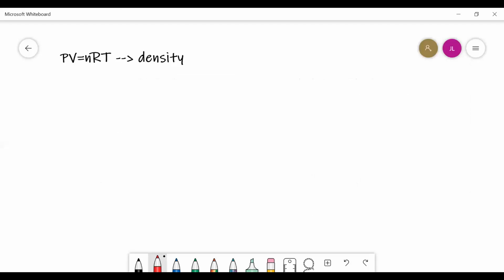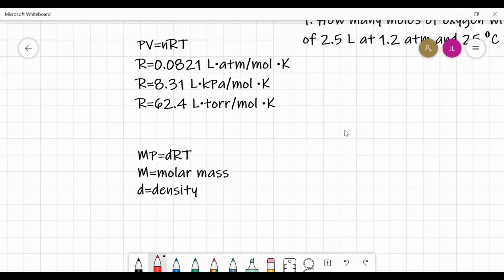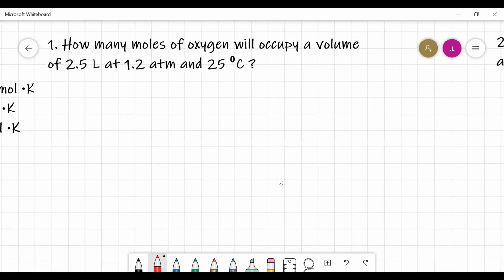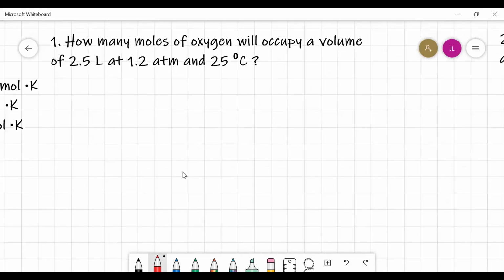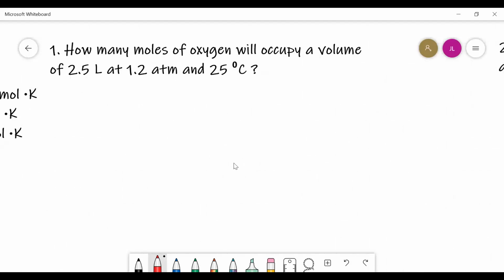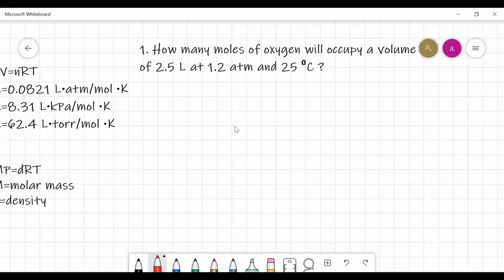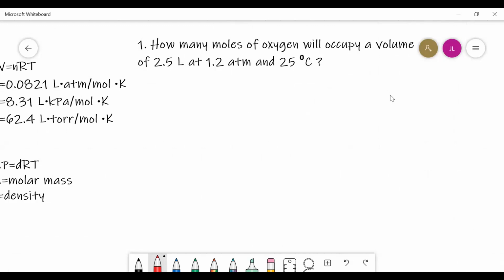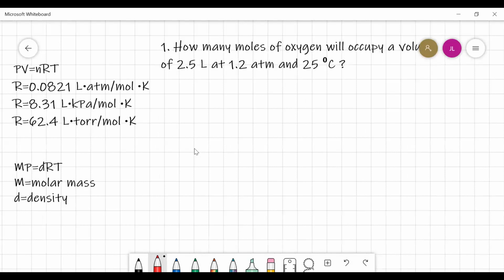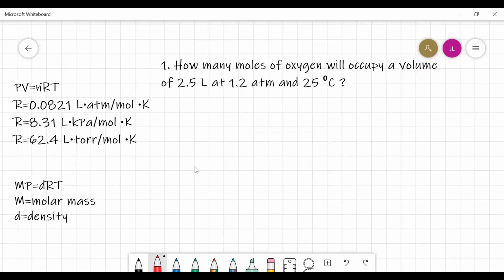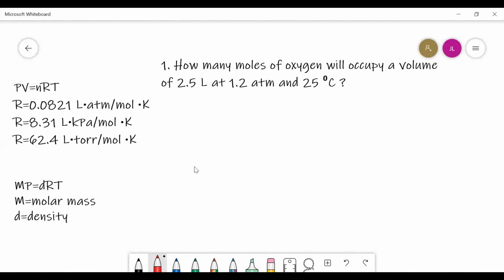So let's look at how many moles of oxygen will occupy a volume of 2.5 liters at 25 degrees Celsius and 1.2 atmospheres. All right, so we have our formula, PV equals nRT.